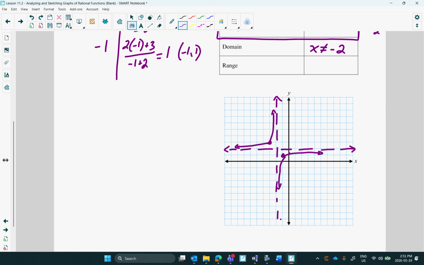Range goes down forever, goes up forever, except it can't be here when y is 2. So y cannot be 2. Notice it's the same as the asymptotes, except we put not equal instead of equal. Okay.